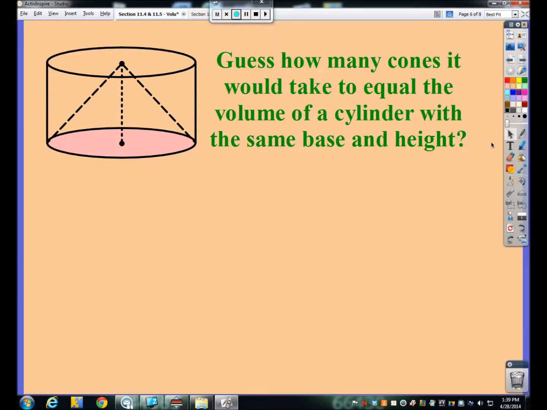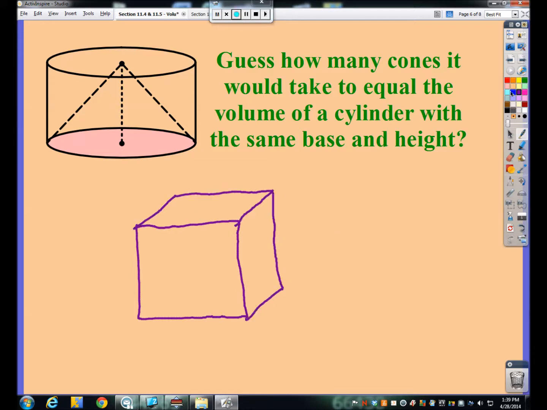Now, our next part is a cone. Once upon a time, we talked about the relationship between a rectangular prism, or a cube if you will, and a pyramid that fit perfectly inside of it. So we had something like this.